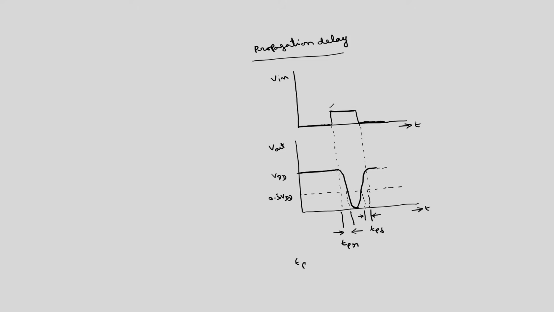Then Tp is the average of Tpr plus Tpf, divided by 2.